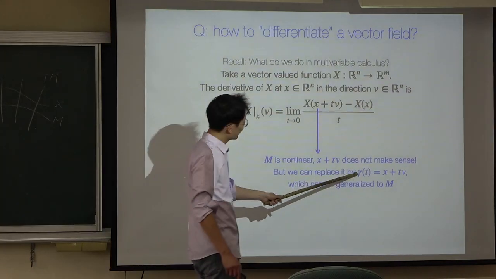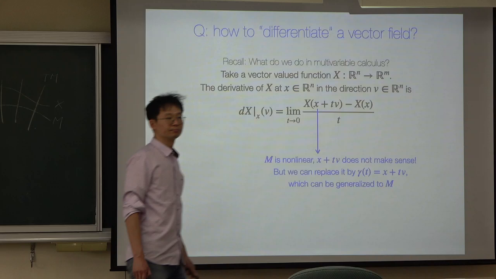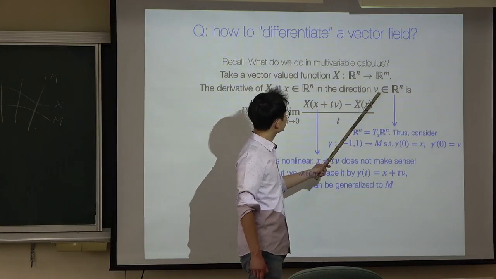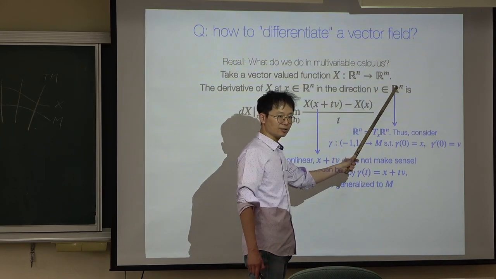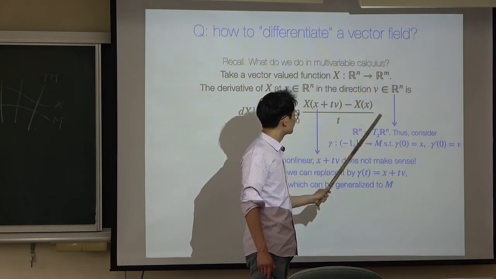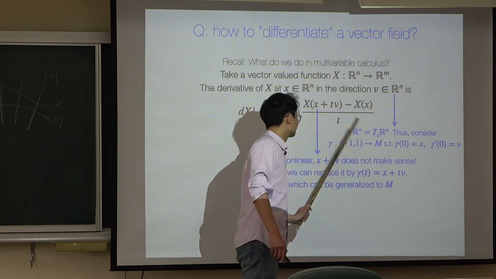Because this gamma at 0 is x, and the gamma prime will be v. So if you think in this way, and notice that when we talk about the direction v in R^n in the Euclidean setup, it is actually meaning that this v is on the tangent space, because the tangent space of R^n is just R^n.